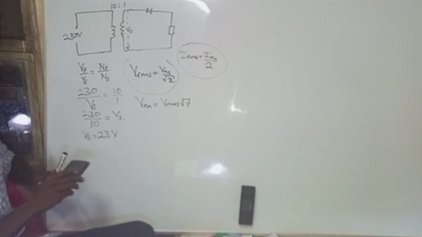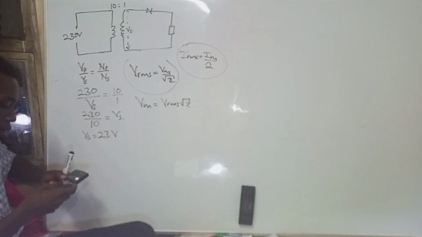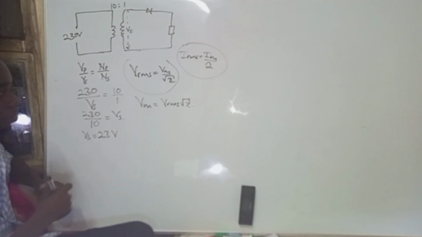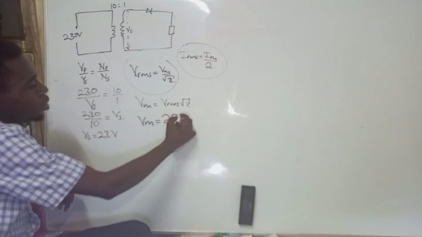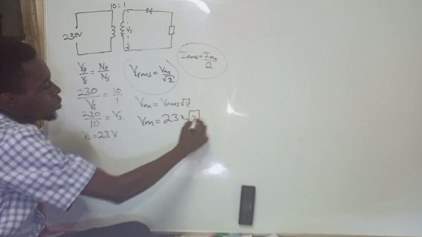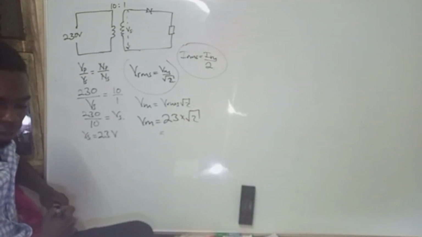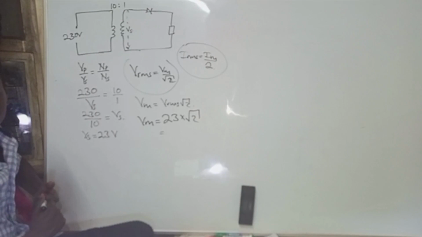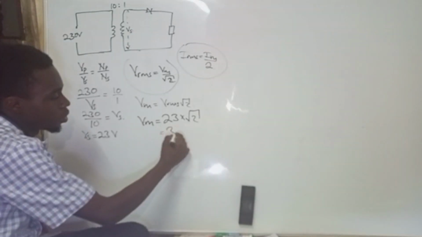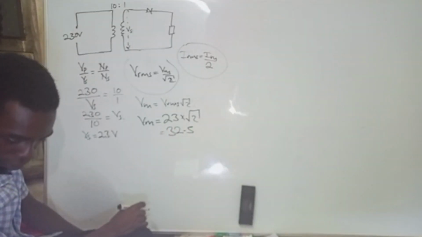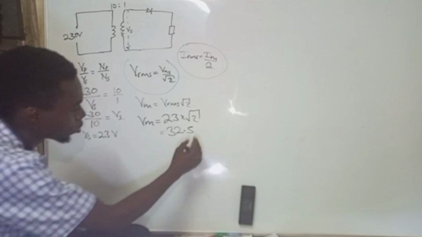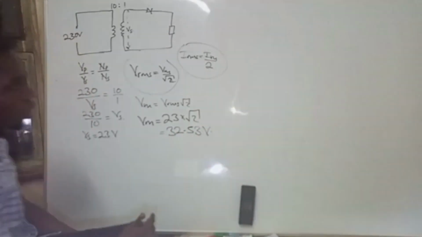So when you do that, you have 23 times root 2, and our Vmax equals 32.526, which is about 32.53 volts.